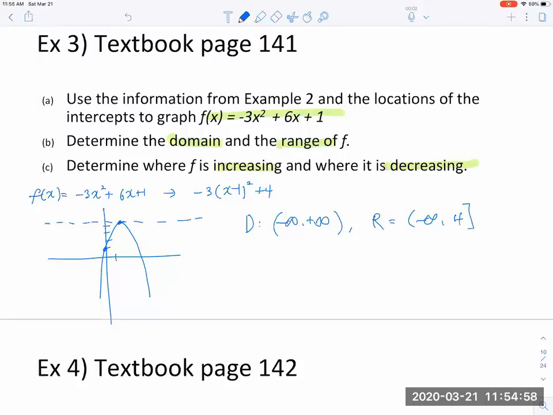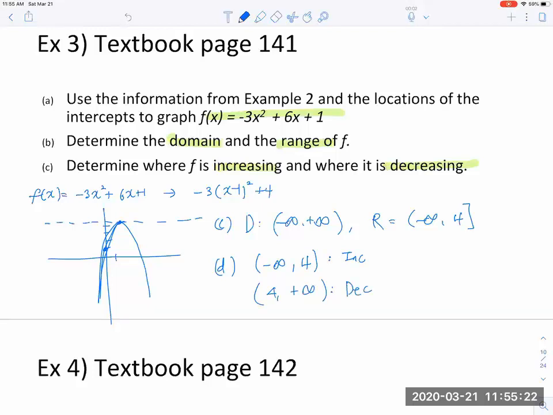Okay. And then D, increasing and decreasing. We're going to find the increasing and decreasing. So this is increasing from negative infinity up to 4. The 4 itself is the maximum. We do not include it. This is increasing. And from 4 to positive infinity, that's your decreasing.